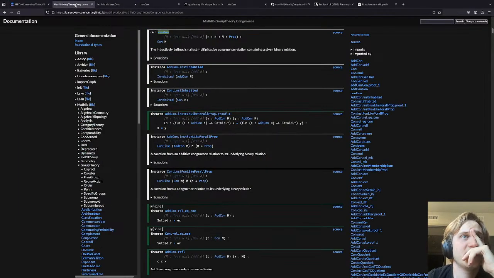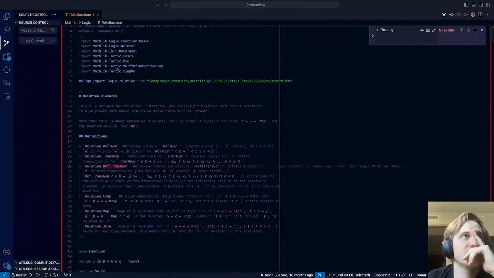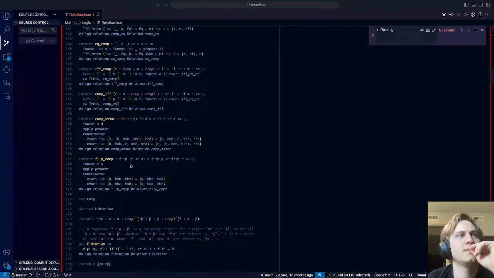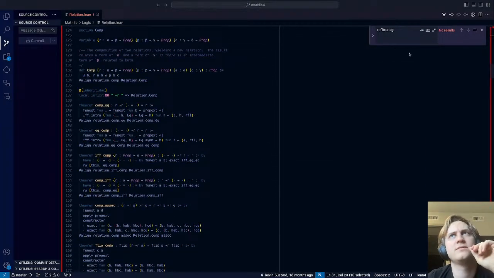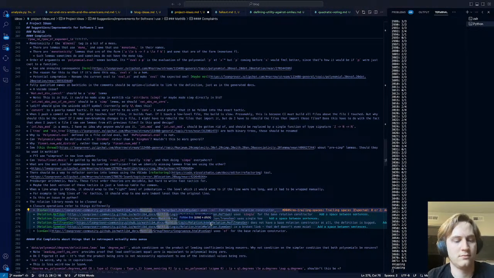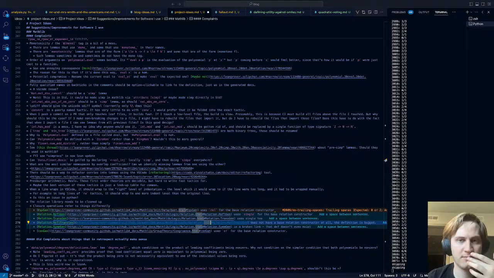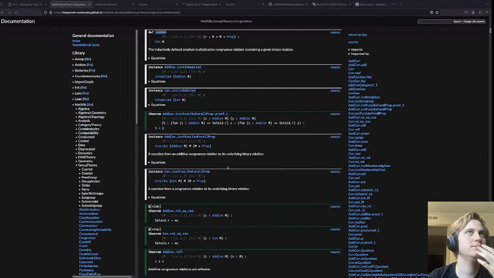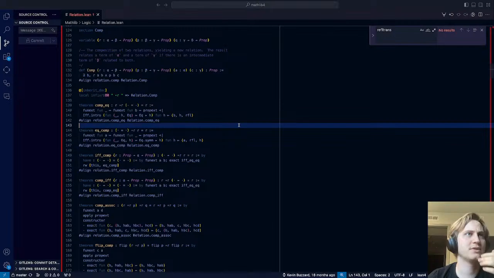The further thing is that it's like Rufl Transgen. Did I not? Where am I? Rufl Transgen. Mathlib Logic Relation.